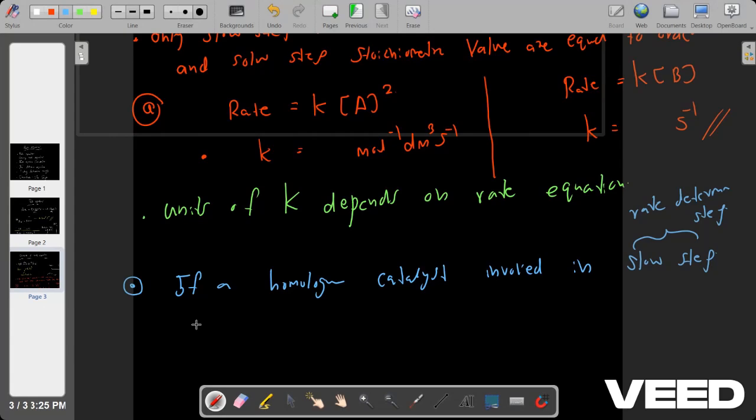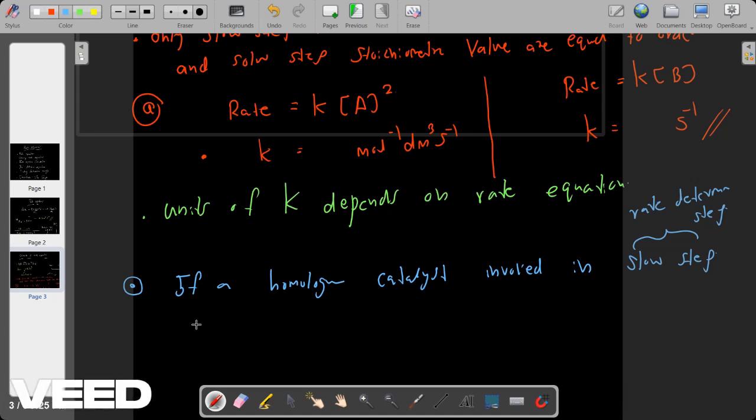A homogeneous catalyst is involved in the slow step. Does the catalyst appear in the stoichiometric equation? What do you think? Do you write the catalyst in the stoichiometric equation?